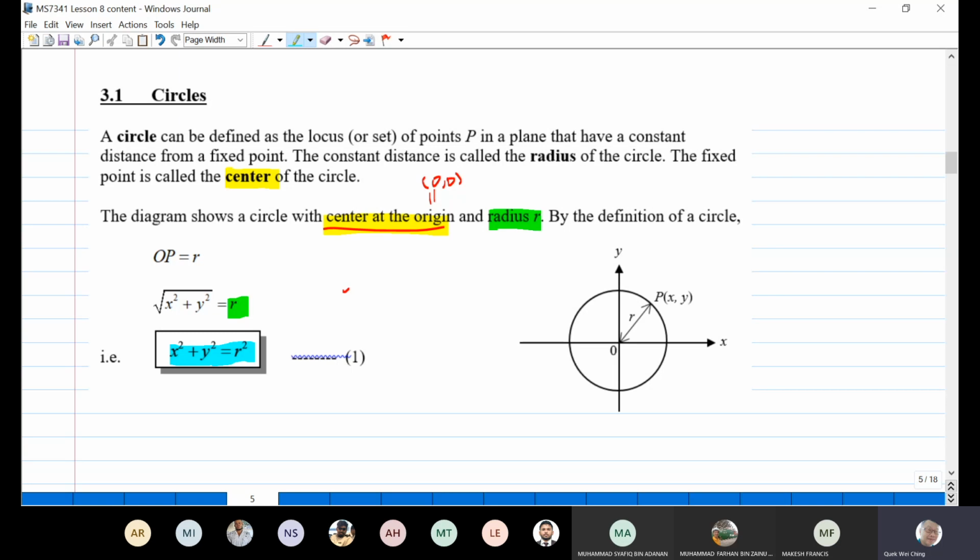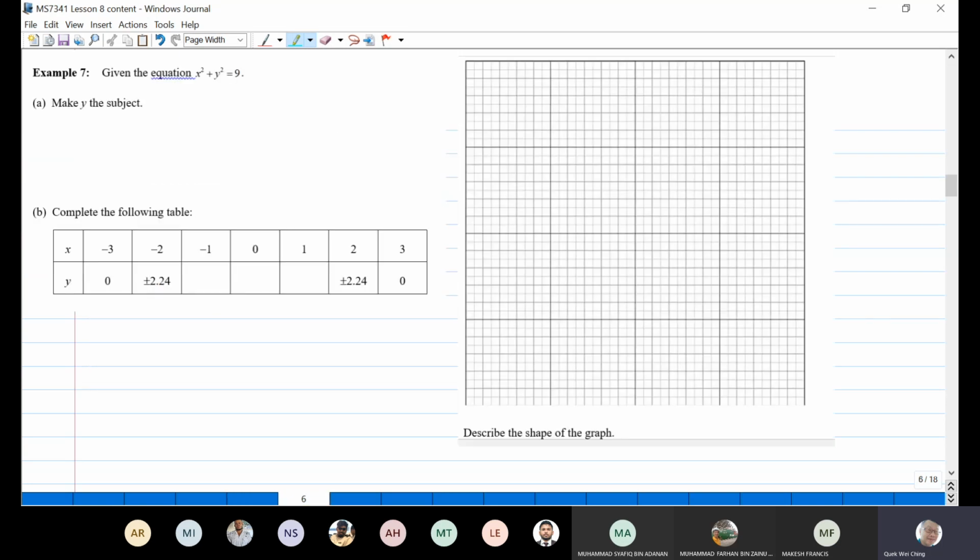Okay, with the next example, we're going to try to draw a circle, how to draw a circle given an equation. Example 7. We are given the equation x squared plus y squared equal to 9.